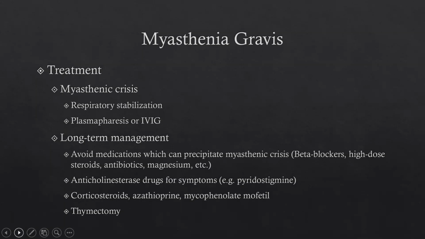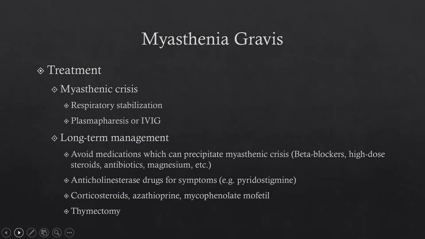Antibiotics, you have to be very careful. Magnesium is also another one that you have to be very careful about. Acetylcholinesterase drugs, of course, the most popular one is pyridostigmine or Mestinon, can also be given to improve symptoms.